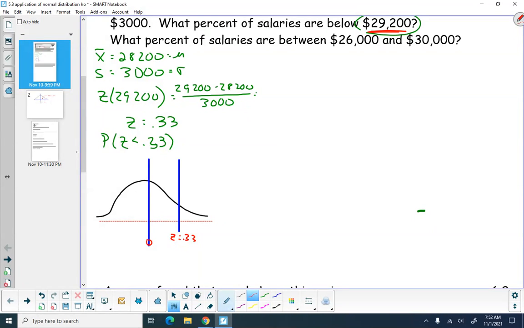We want to know the probability or the percent of scores that are below this 0.33. So we can go to our table. Find an area for 0.33. Once again, we will be using that table throughout this entire chapter.